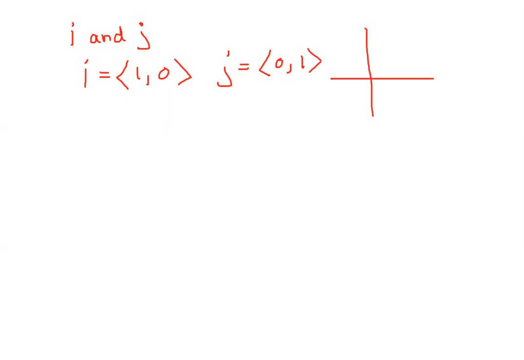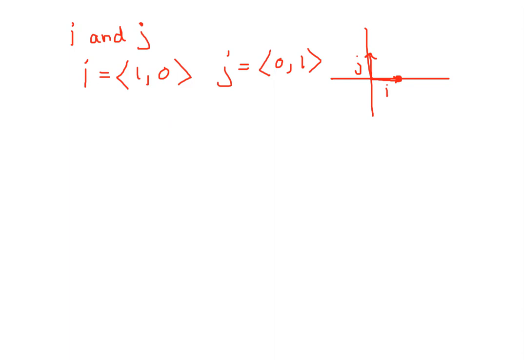So if you look at this, 1, 0 is right here. So here's I, and 0, 1 is right here.